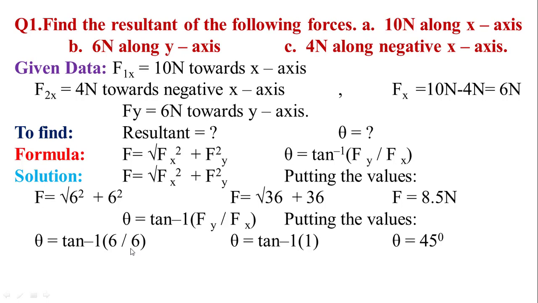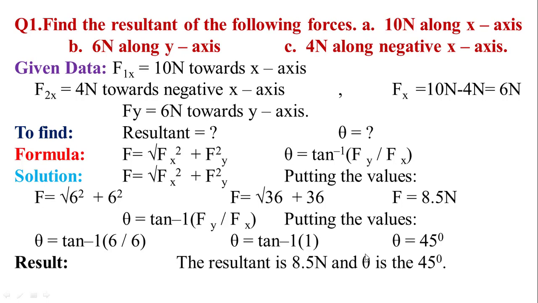The answer is theta equal to tan inverse of 1. The tan inverse of 1 is equal to 45 degrees. So the direction theta is equal to 45 degrees. Now we have the resultant force as 8.5 Newton and theta as 45 degrees.